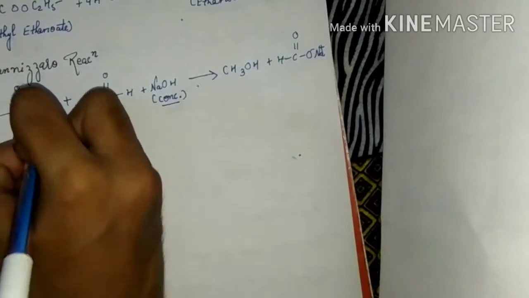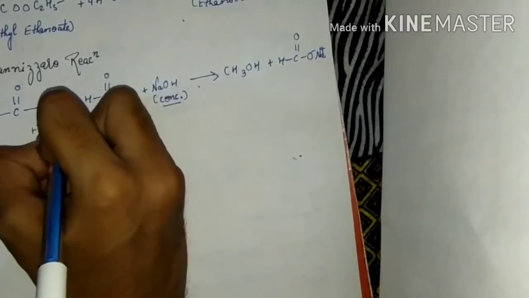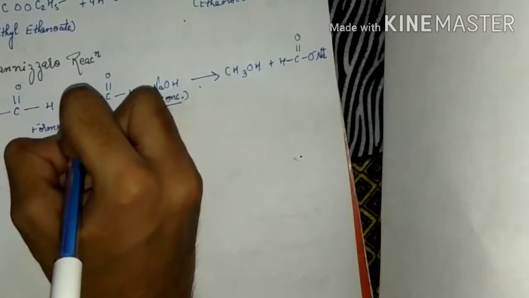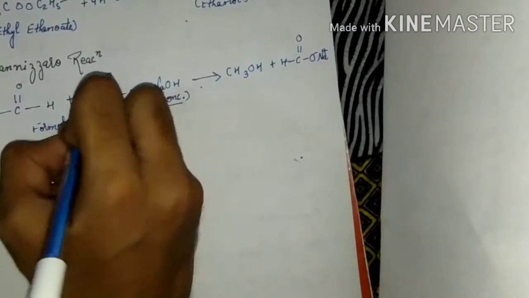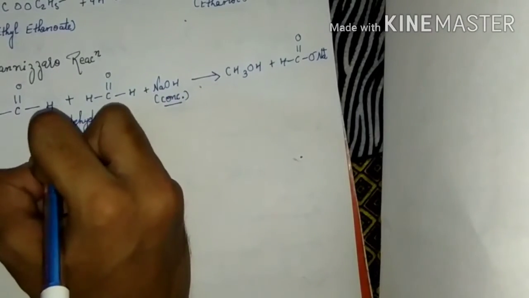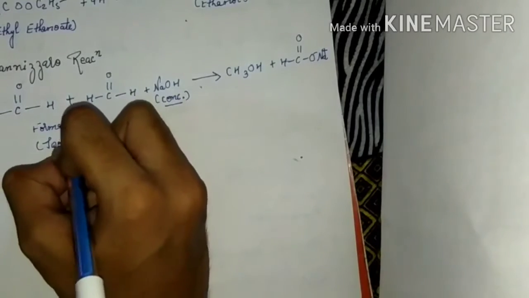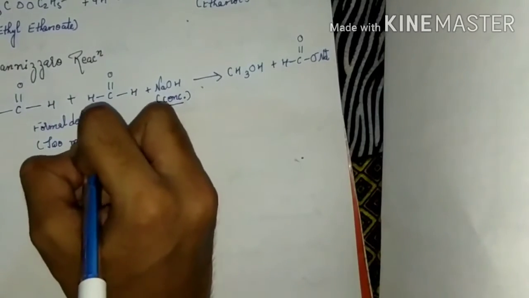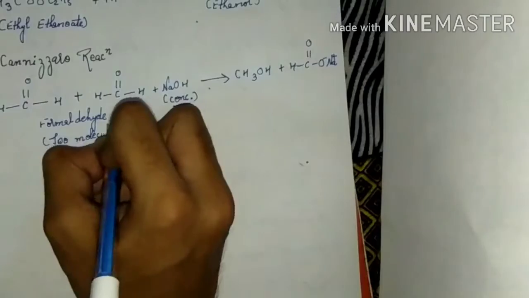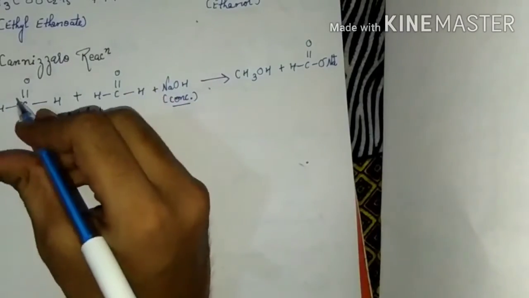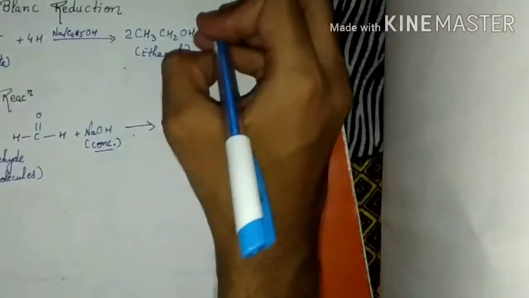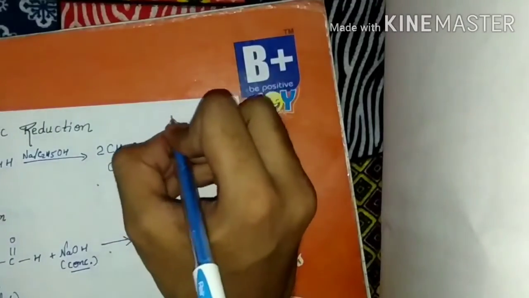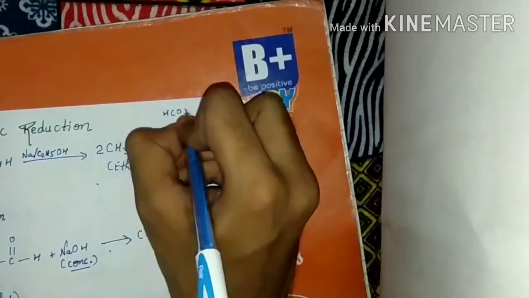This is formaldehyde. Two molecules. Please remember, sometimes formaldehyde is also written as HCOOH.